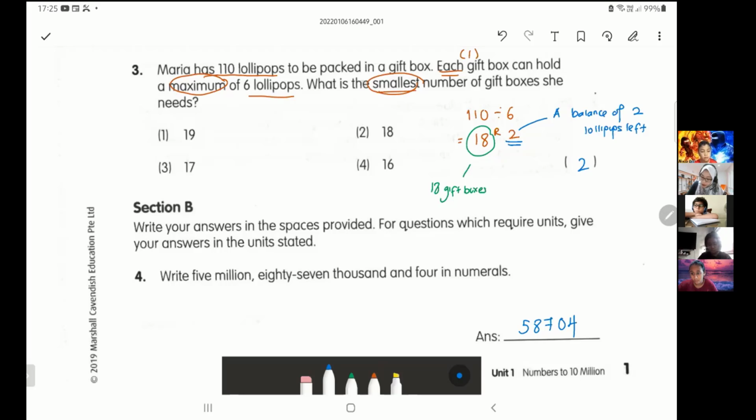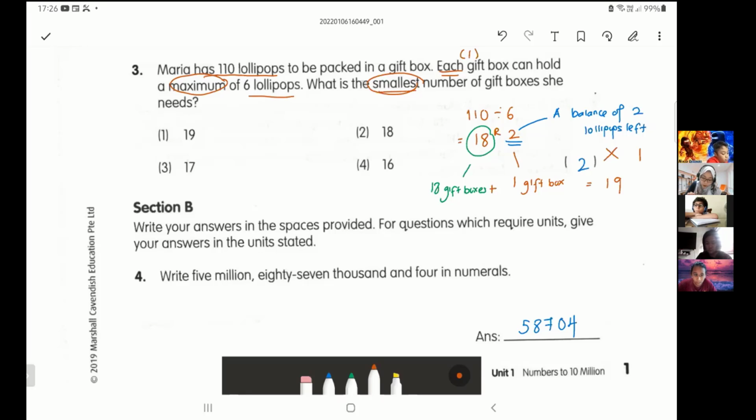Do I leave them without a box? Cannot. I must put them into a box, so I need one more gift box. So it equals 19, not 2 but 19. Understand? Because the lollipops cannot be alone. They must be put inside a box.